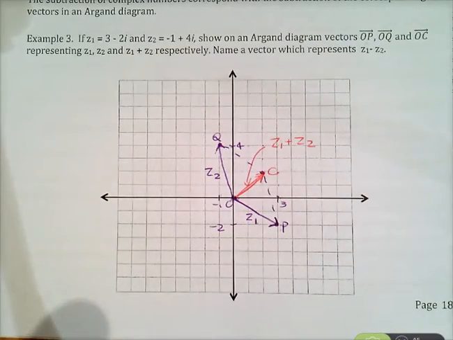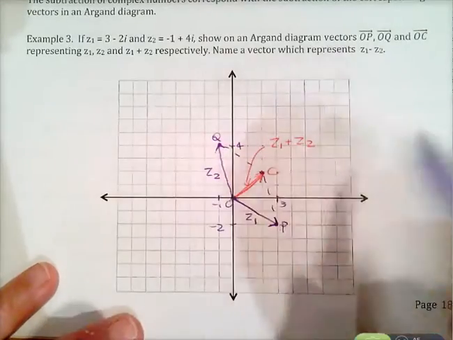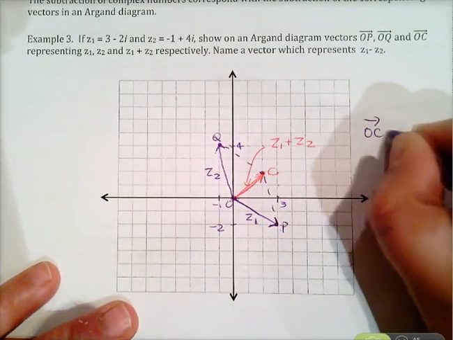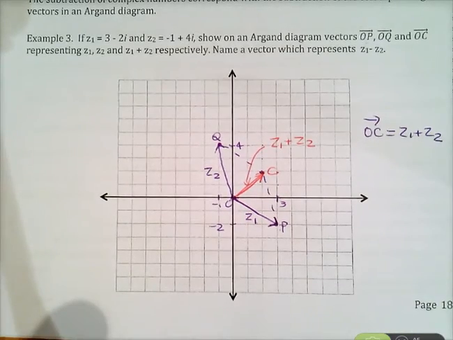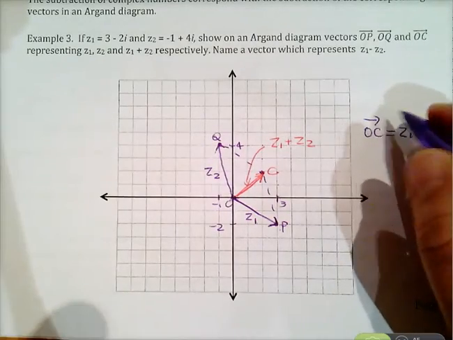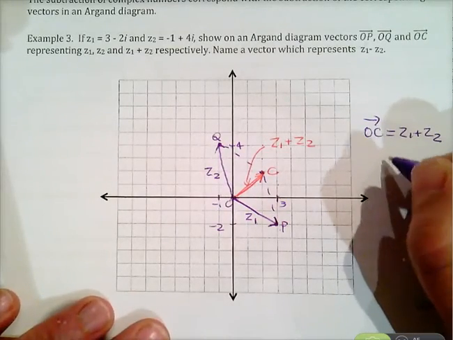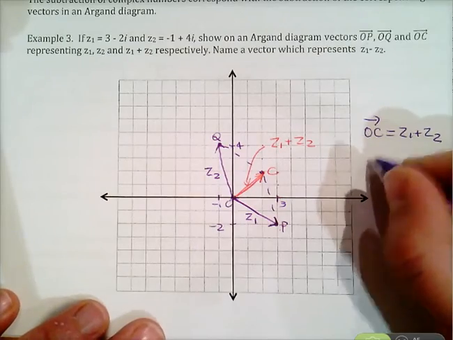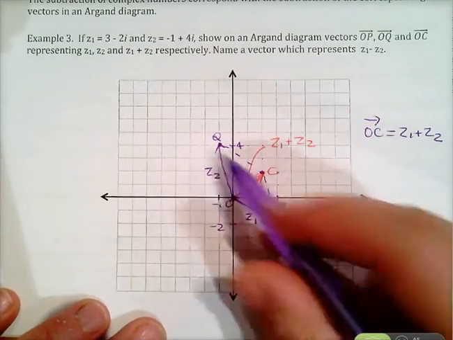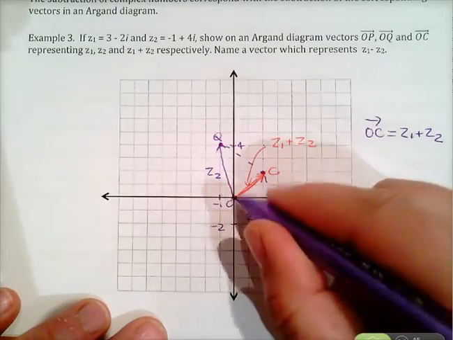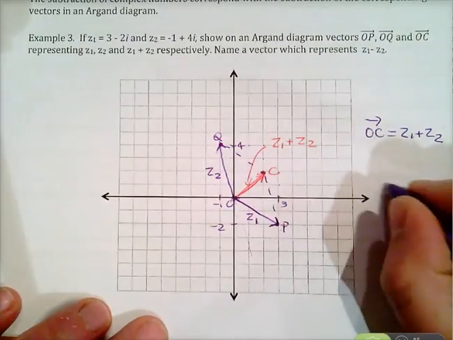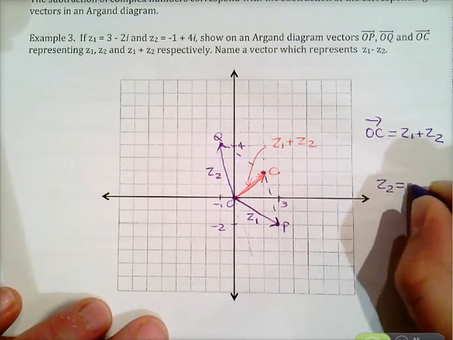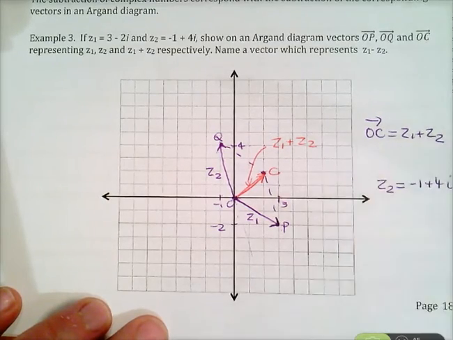Okay, so OC represents Z1 plus Z2, and the question here is to name a vector which represents Z1 minus Z2. So I need Z1 minus Z2. So let's just have a look. What we need to do is Z1 minus Z2, so that's plus Z1, minus Z2 goes this way. Z2 is minus 1 plus 4i.